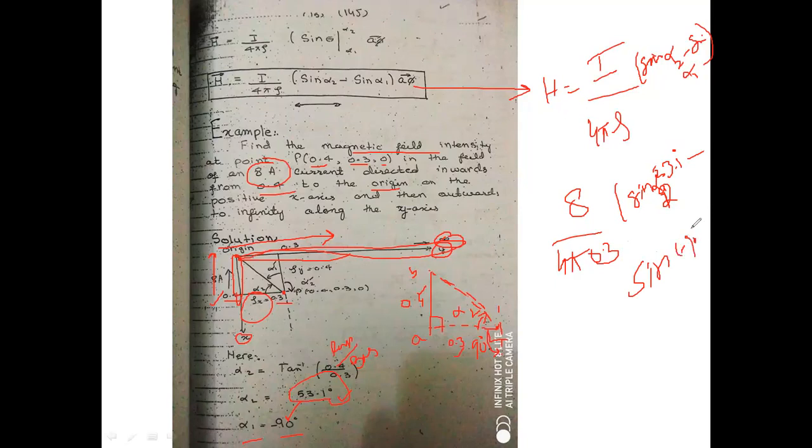Sine of minus 90 degrees will be equal to minus sine 90 degrees, so the minus sign becomes plus. So we will get H equal to 12 over pi a_phi. We will call it Hx, because that is because of the current flowing in the x-axis direction.